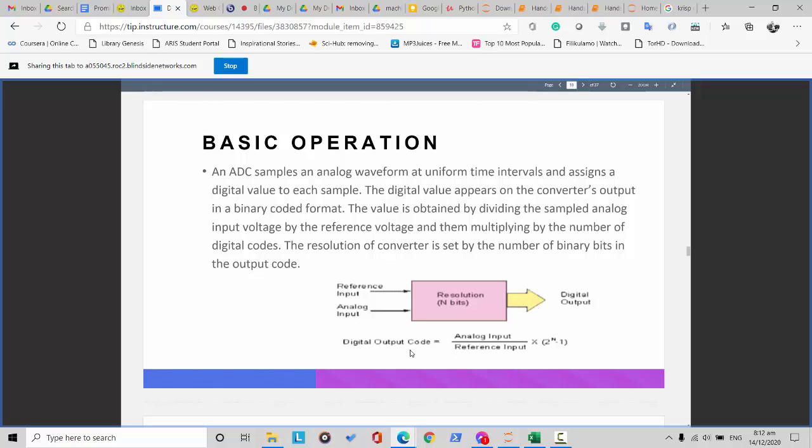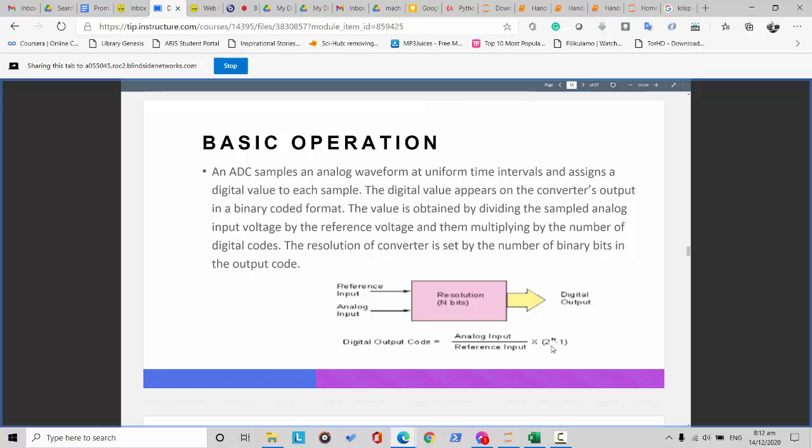Now, to compute the digital output code, which is in a binary code format, we know that in digital we only have ones and zeros. We obtain that by dividing the sampled analog input voltage by the reference voltage, and then multiplying it by the number of digital codes.